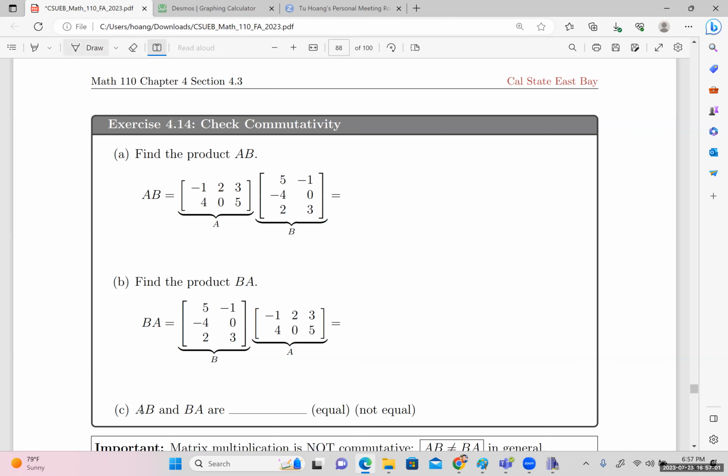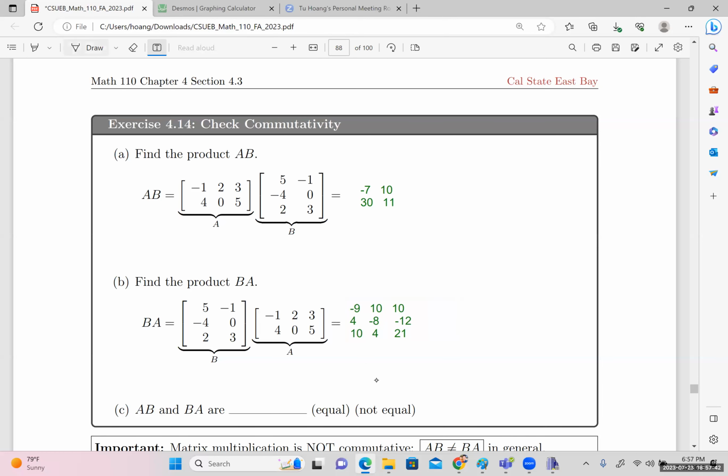So the answer for the first one, I will type -7, 10, and then 30 and 11. So that is for AB. For the second one, it's going to be -9, 10, 10, 4, -8, -12, 10, 4, 21.